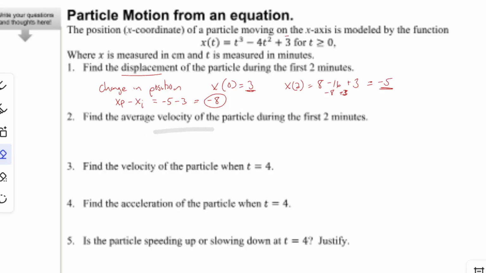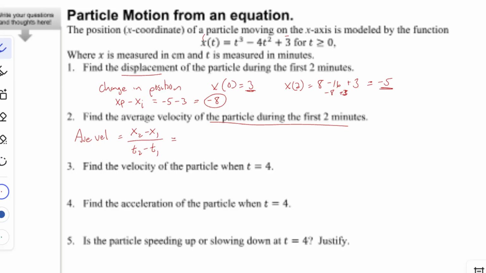Find the average velocity during the particle's first 2 minutes. So we said average velocity is just x2 minus x1 over time 2 minus time 1, which is the slope, right? I know I'm using x there, but for this, x is the y.